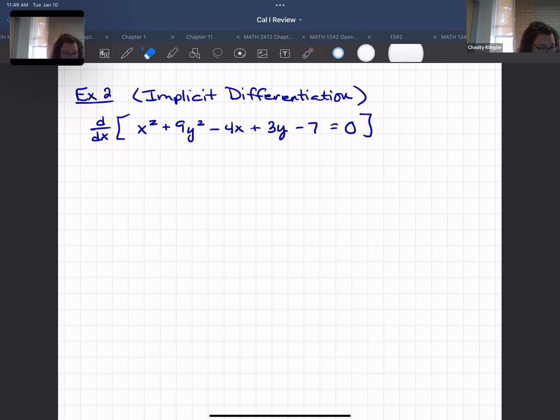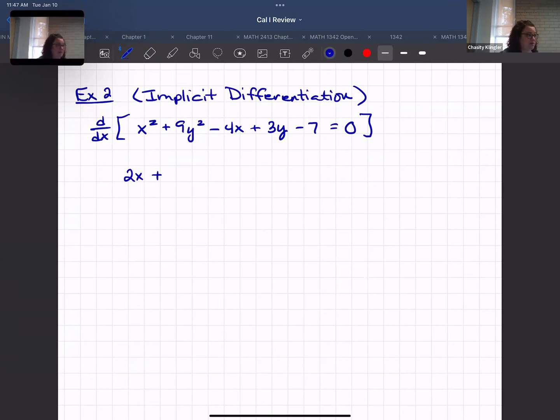So the first part of this, x squared, is just 2x, right? I'm not going to put an equals there because there's already an equals in the equation. But the next part, I've got the y variable.